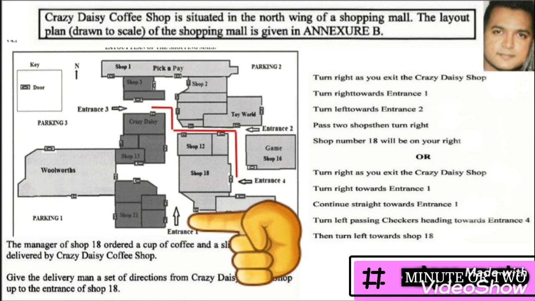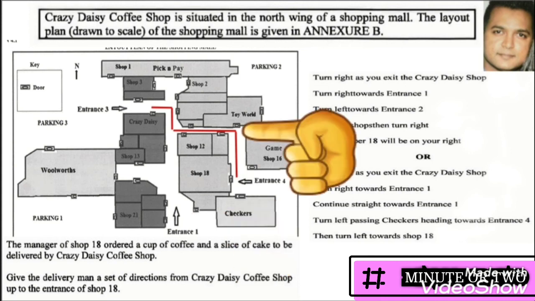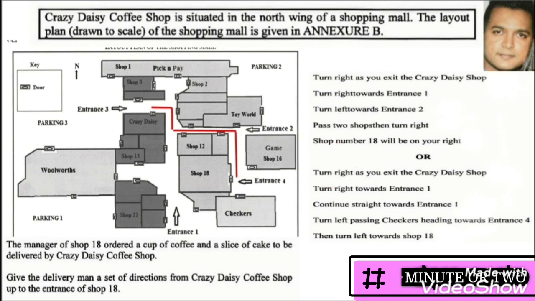Now this is the direction we'll be facing, towards this arrow right at the bottom where it says entrance 1. In reference to the direction we are facing, we notice that we have to turn left, and once we turn left we will be facing entrance 2. So from that direction we have to determine which is our right or which is our left.